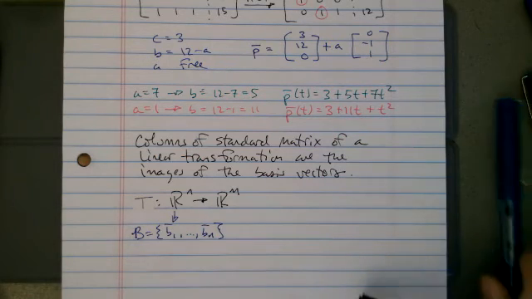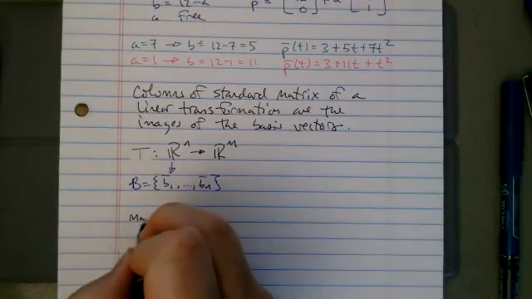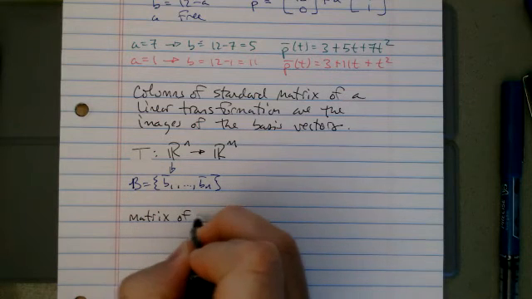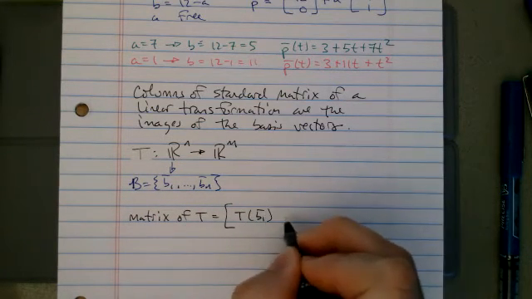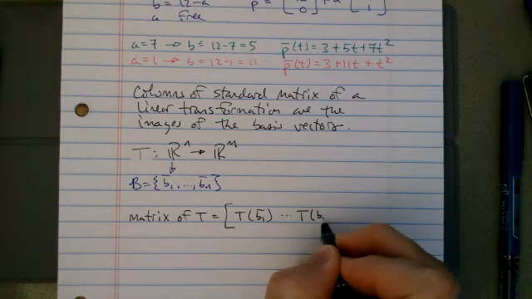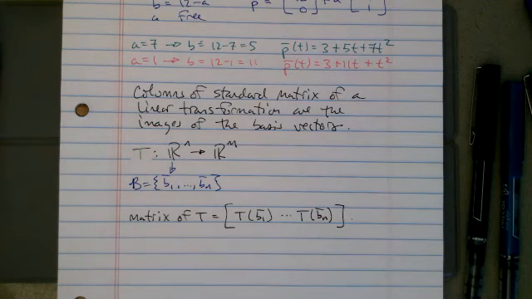Then the matrix of the transformation is the image of the basis vectors under the transformation. The words are, the columns of the standard matrix of a linear transformation are the images of the basis vectors.